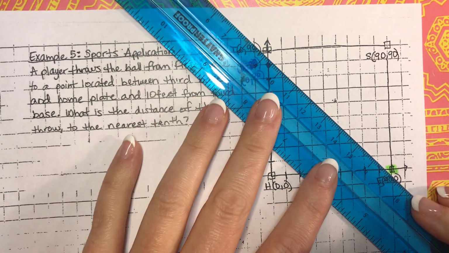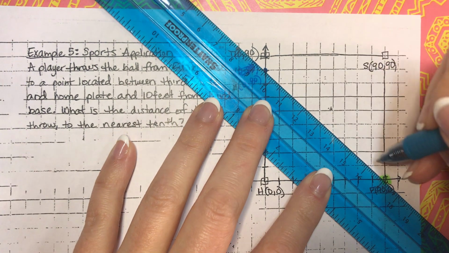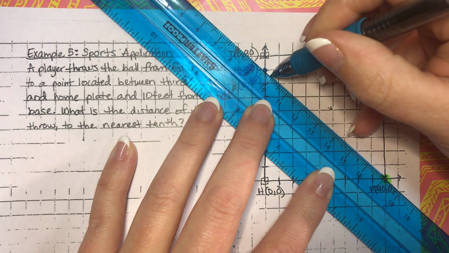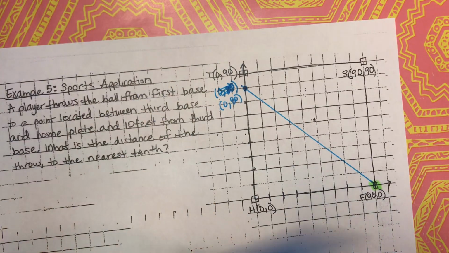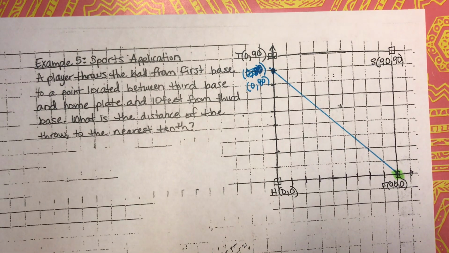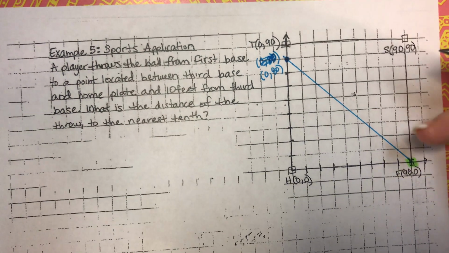So this is the path of the ball. It's going from first base here all the way to here. We need to find that distance. We could use the Pythagorean theorem or the distance formula. I'm just going to use the distance formula.